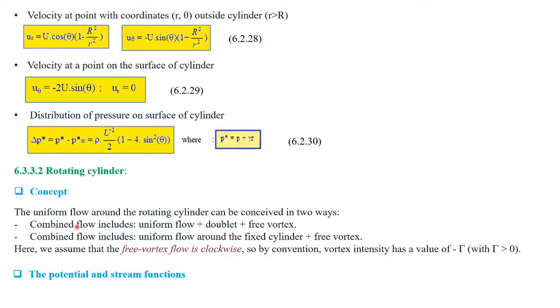Concept: the uniform flow around the rotating cylinder can be conceived in two ways. The first one, combined flow, includes uniform flow, doublet, and free vortex. And the second, uniform flow around a fixed cylinder, and after that you add a free vortex.